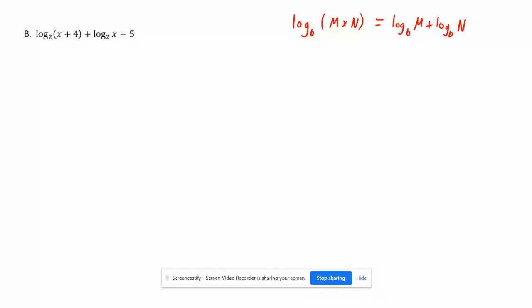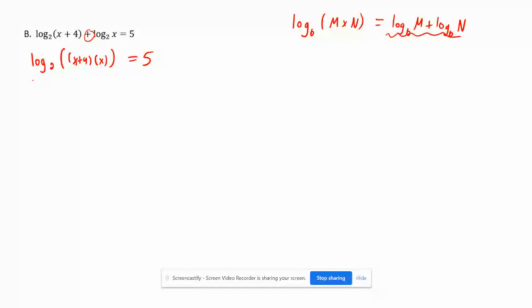So when we're adding two logarithms, we can combine them using multiplication. So this is the same thing as log base 2 of x plus 4 times x equals 5.